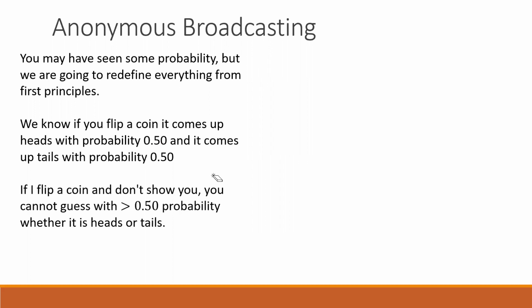The other thing is, if I flip a coin and put it behind my back and don't show you, and you try to guess if it was heads or tails, you would only have a 50% chance of getting it right. That's sort of obvious, but it relates to the problem we're going to see here.